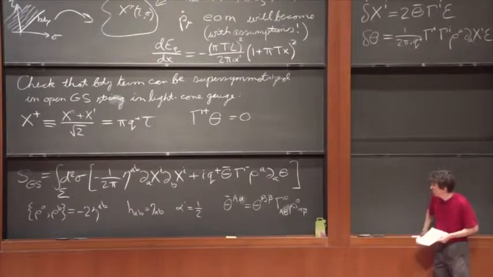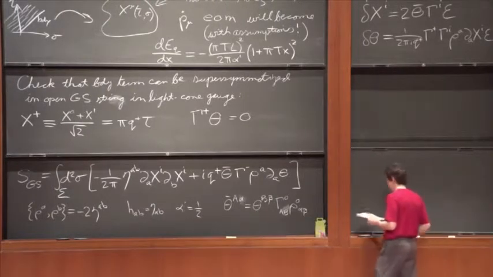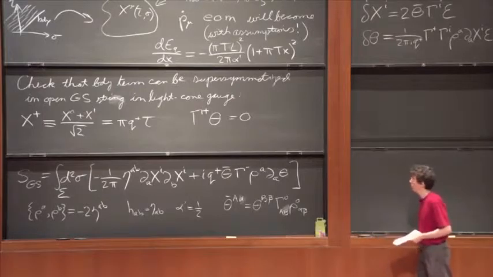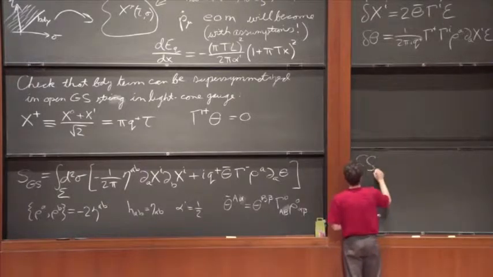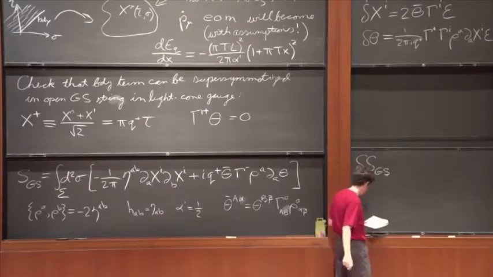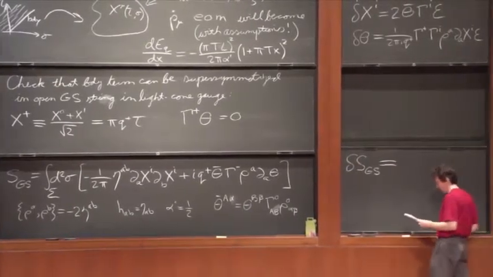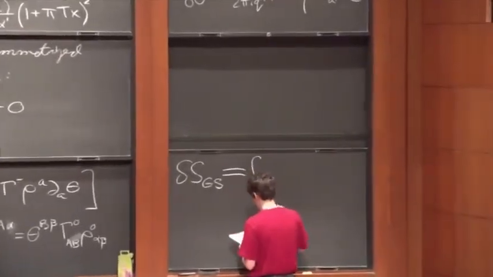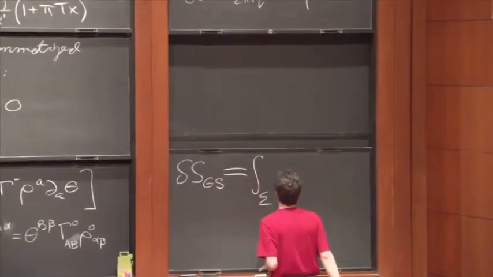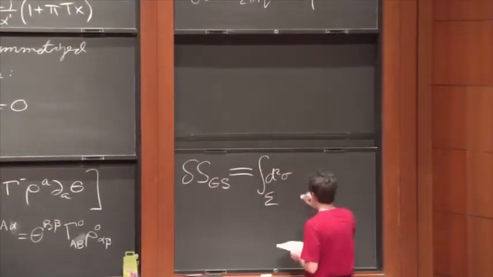Okay, so as not to get too involved in derivations, let me just quote to you the key points of the supersymmetry variation analysis. The supersymmetry variation of the Green-Schwarz action winds up being the integral over sigma of some total derivative.